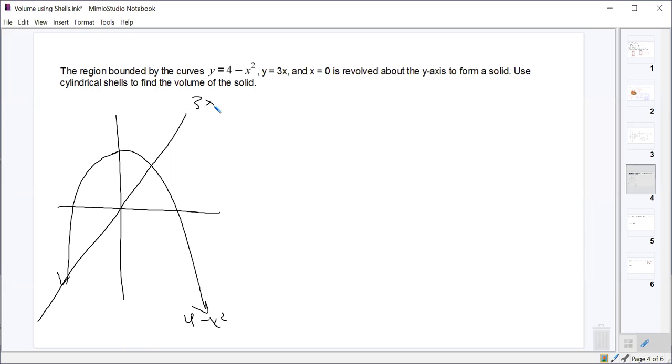We're going to call this the region in the first quadrant. We're going to just use the region in the first quadrant, but there are 2 regions there. So we're talking about this region right there. Everybody good with that? Zoom good with that?